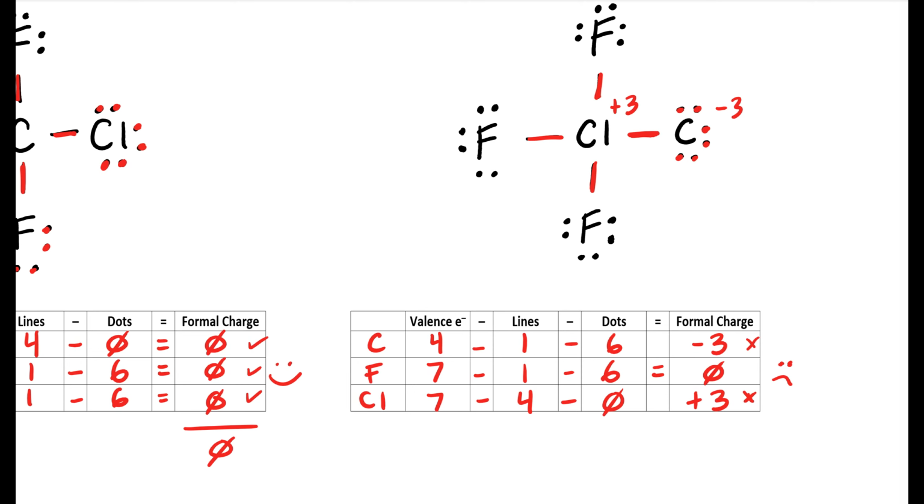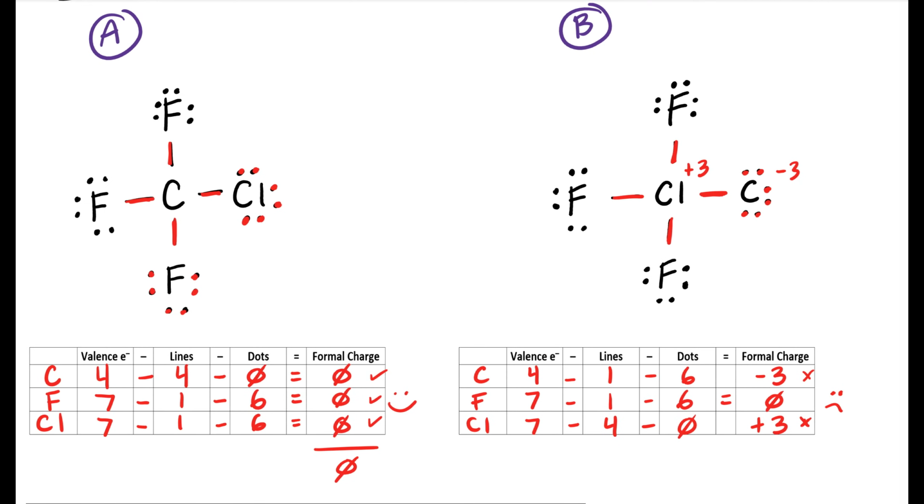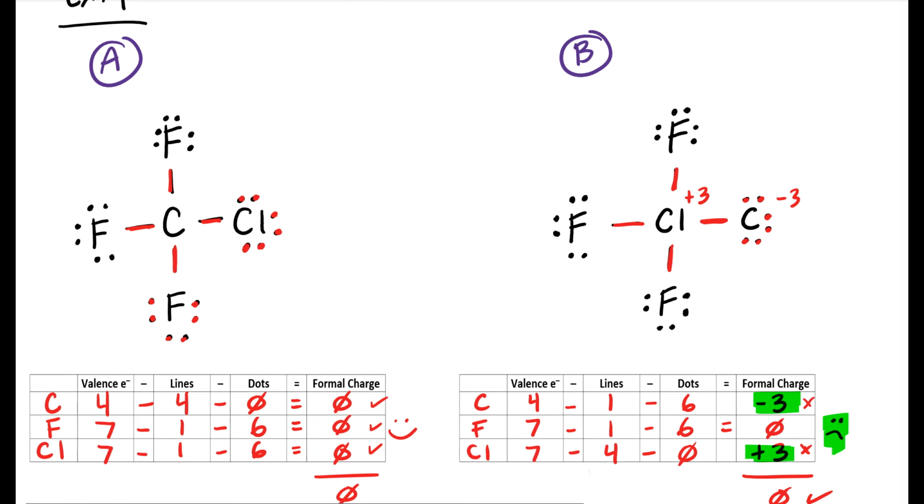So in comparison to structure A, structure B doesn't have the optimal formal charges. Even though when I add the sum of all those formal charges, I do get 0. That's good. But the fact that I have the -3 and the +3 doesn't make this an ideal Lewis structure. So between these two Lewis structures, the more valid Lewis structure is letter A.